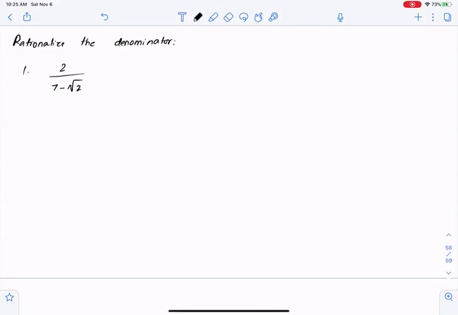So we'll just start with numbers and then we can introduce a variable. So we have 2 divided by 7 minus root 2. We want to find the conjugate because we want to rationalize the denominator. So we multiply and divide by the conjugate.